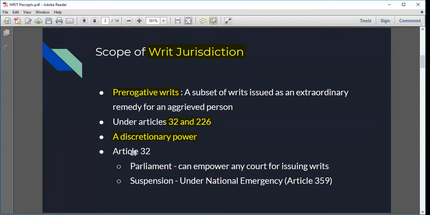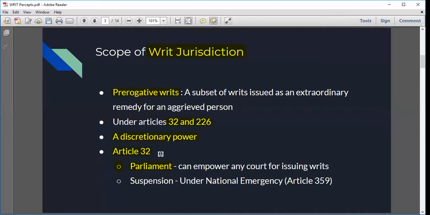Ultimately, under Article 32, now this is not under writ jurisdiction, but when it comes to Indian Constitution, we need to have an overview कि Indian Constitution में writs की क्या importance है. Now ये जो power to issue writs, okay, this is provided to Supreme Court and High Court. We have talked about the related articles.